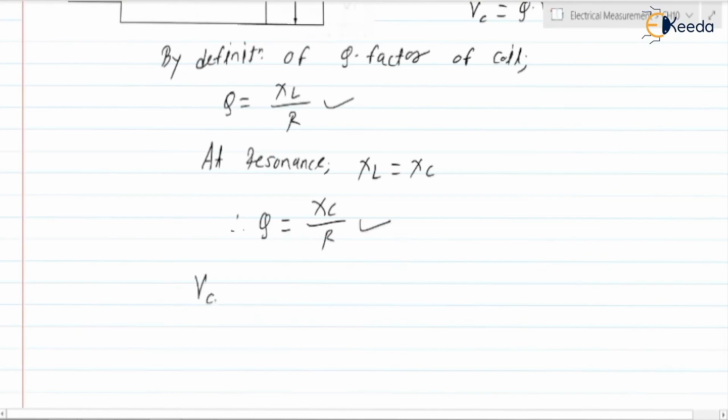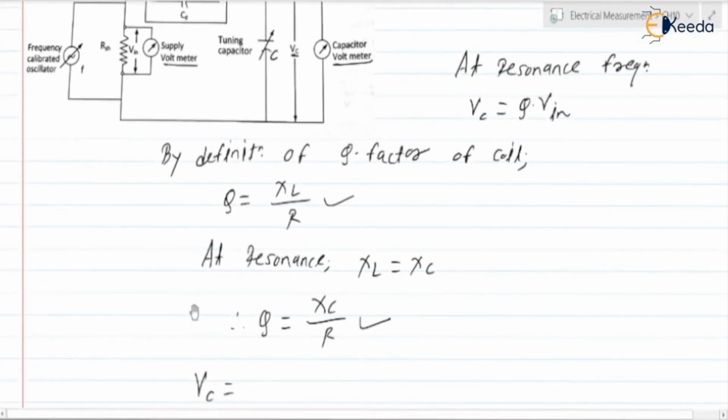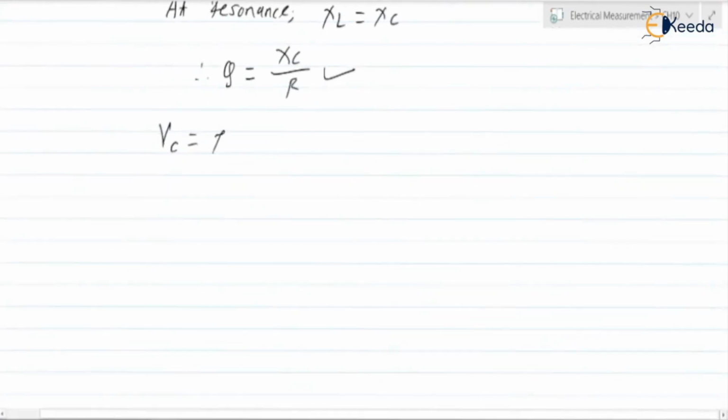Next, VC. We know VC is equal to the current in the circuit, I, into capacitive reactance XC. So what is the current I? Current I is nothing but the input voltage Vin divided by the total impedance, into XC.